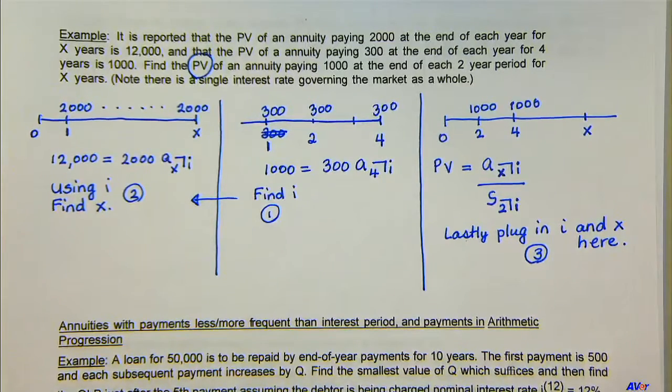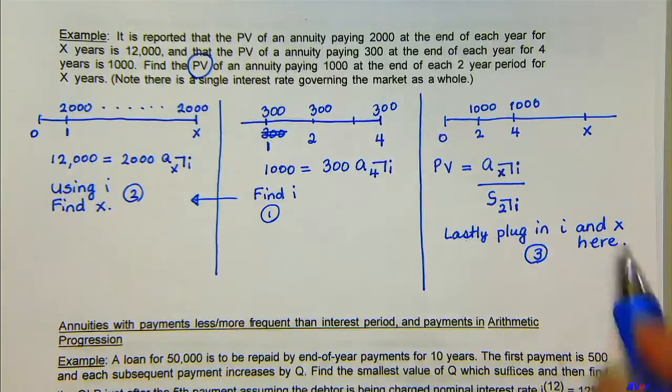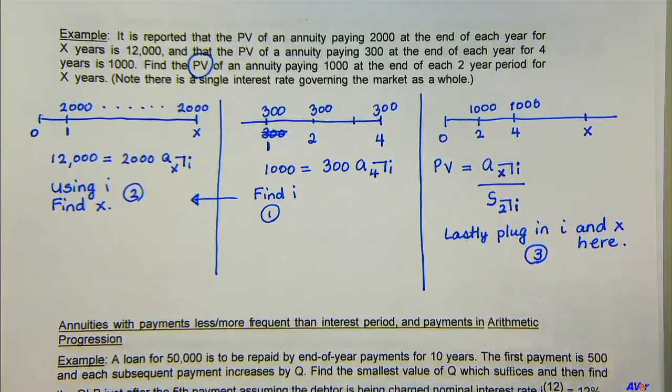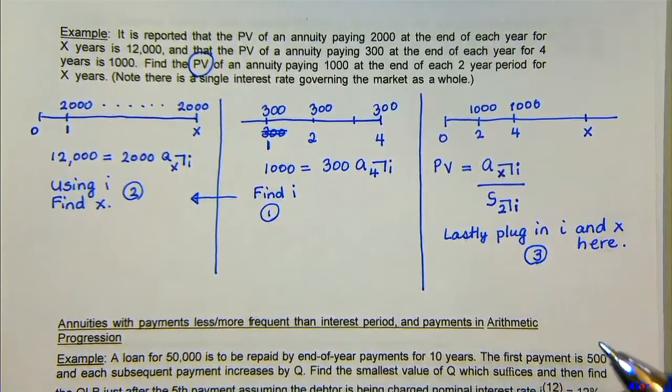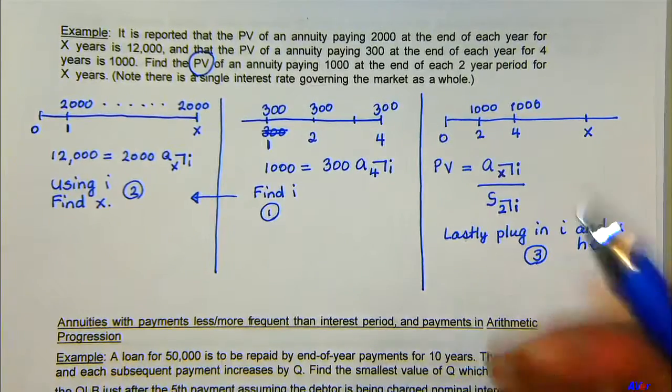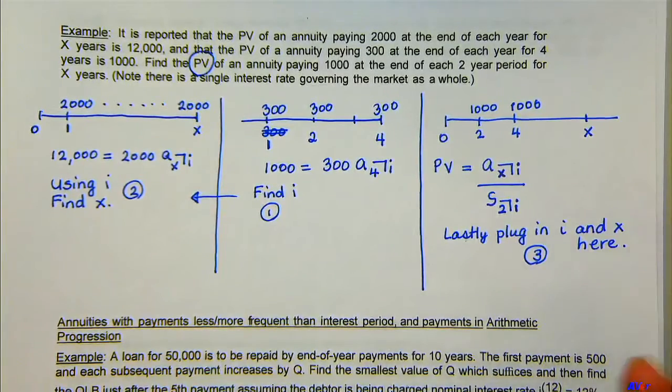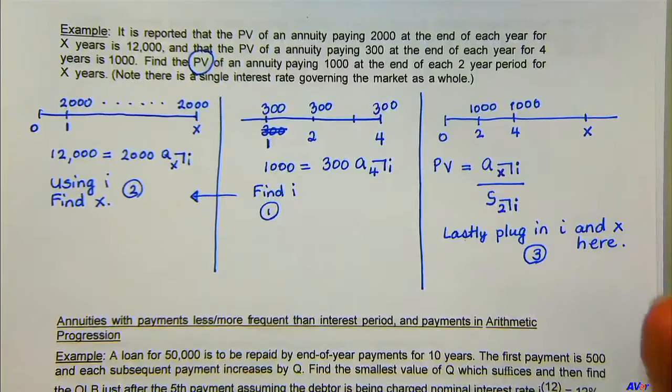Annuities with payments less or more frequent than interest period and payments in arithmetic progression. So your book has formulas for each of these things. I'm resorting to method 1 for this one because it's that increasing arithmetic annuity, instead of memorizing more and more formulas.